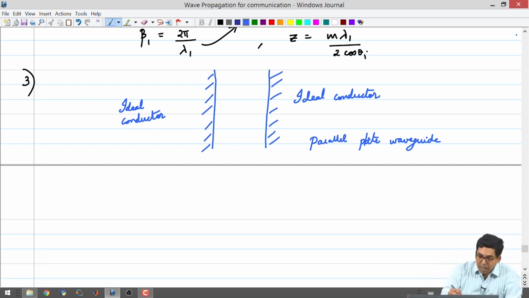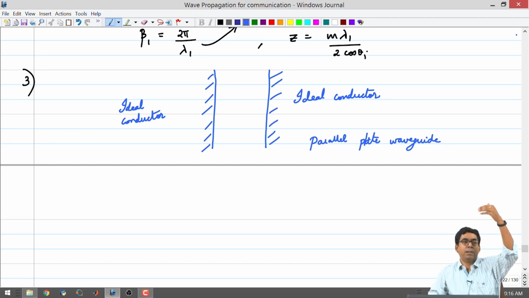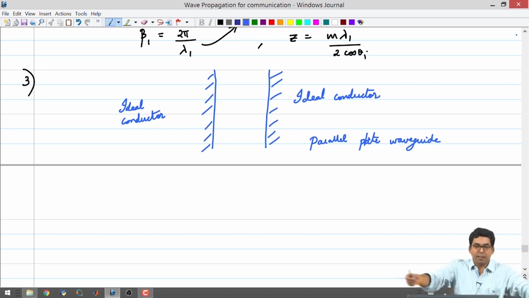Now, if you have a casual observer placed outside of this waveguide configuration, the observer will notice that a plane wave has been launched at some instant of time and they note down that time. Then they note down the instant at which the wave emerges out of this parallel plate configuration on the other side. They can measure the length of this parallel plate configuration.